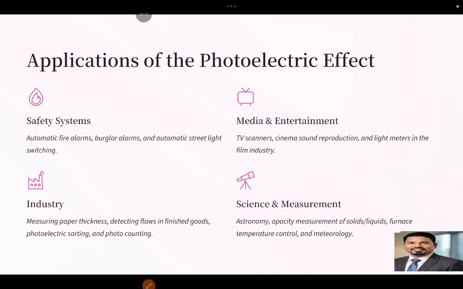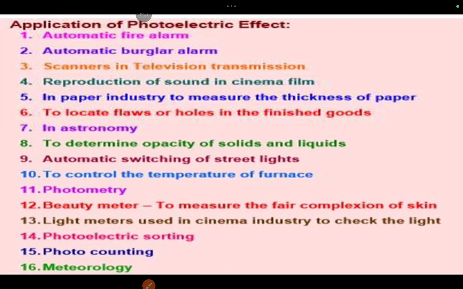In industry, it is used for measuring paper thickness, detecting flaws in finished goods, for electric sorting, and for counting. In science and measurements: astronomy, opacity measurements of solids and liquids, furnace temperature control, and meteorology.